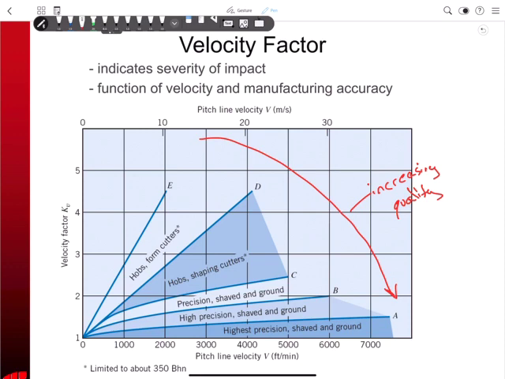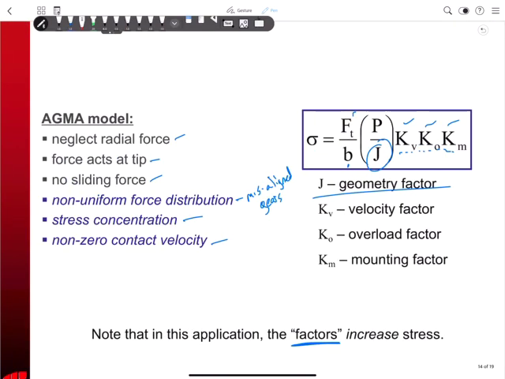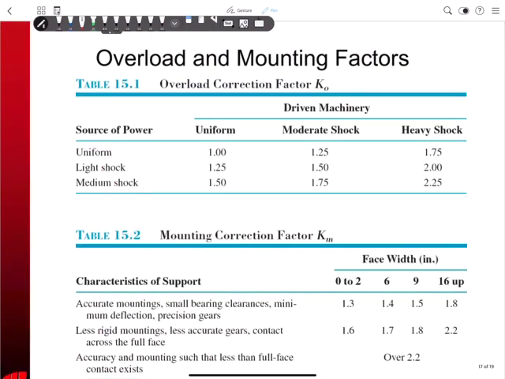And we get that based on the diameter or the radius and the angular velocity, right? As we increase the velocity, that increases the velocity factor. As we increase the quality, that decreases the velocity factor. Does that make sense? Ask yourself, does it make sense? Go back to these equations. Say, does that make sense? Yeah, it does. All right.